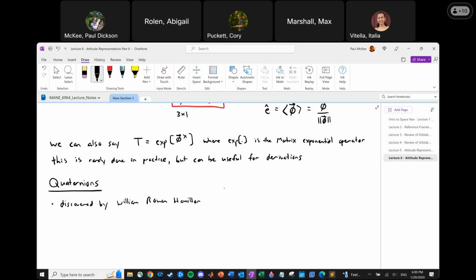Not the Hamilton from the $10 bill or the musical, but mathematician Hamilton in 1843 while crossing a stone bridge.